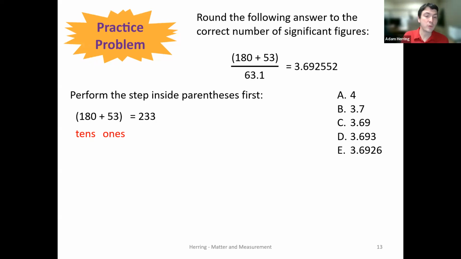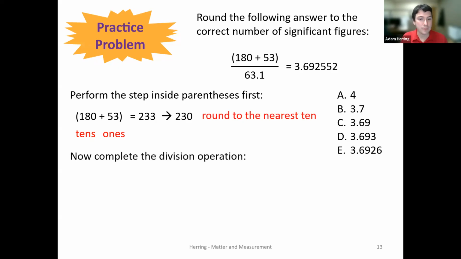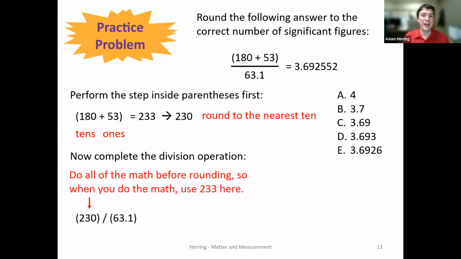So if we were to round this answer at this point, we would round it to the nearest 10. However, since it's not the final answer, we actually want to keep the number 233 as we continue on. So when we complete the division operation, we actually use the number 233 instead of 230.